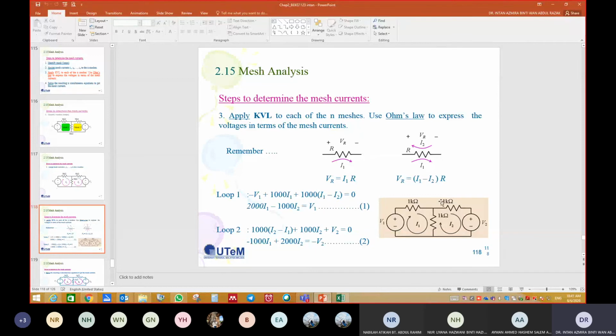This is 1000 plus I2. The voltage here is 1000 plus times I2, and then we meet the positive of V2, so positive V2 equal to 0. Please rearrange your equation so that the first term here is I1 followed by I2 and I3 and so on, equal to a round number. If the round number is 0, then equal to 0. Okay.